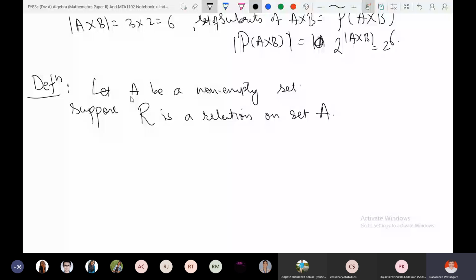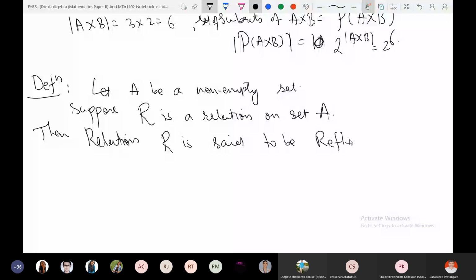Then I want to classify the relations. There are different types of relations, so I want to classify. Then a relation R is said to be reflexive if every member of A is related to itself.